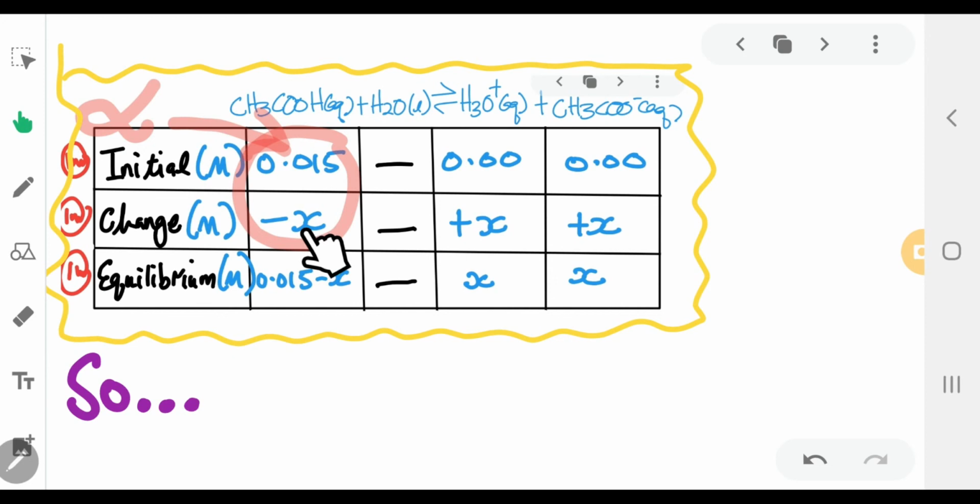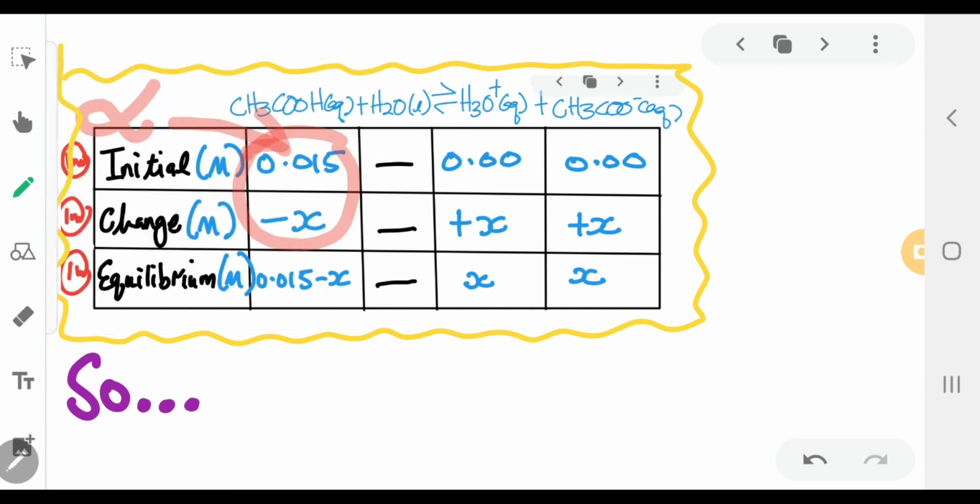So this is where you get the amount of ionized acid at equilibrium, that is how much of the acid gets ionized to convert into H3O+. So you can take the value of X over here, divided by 0.015.